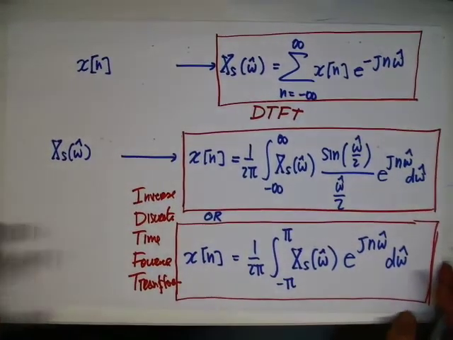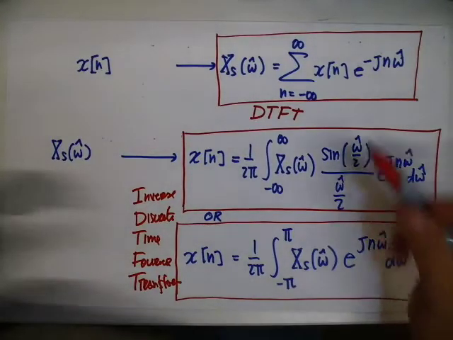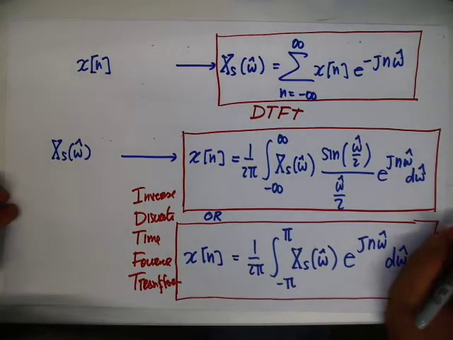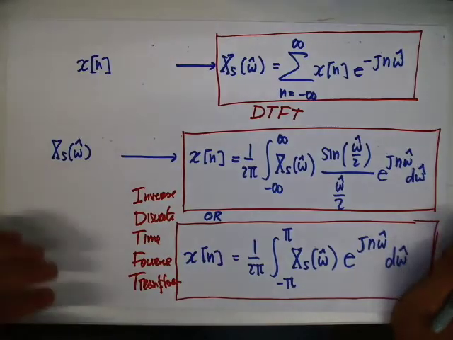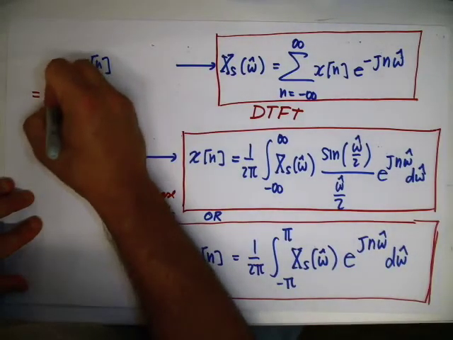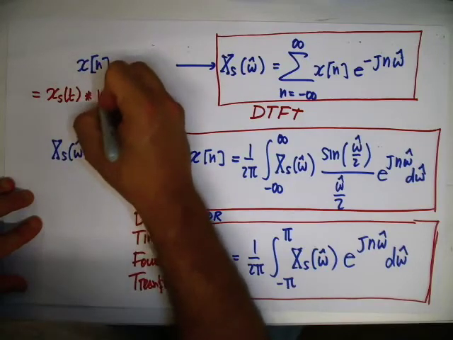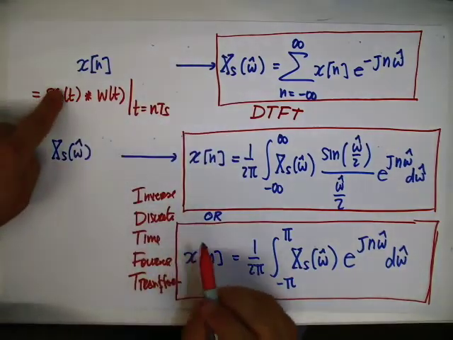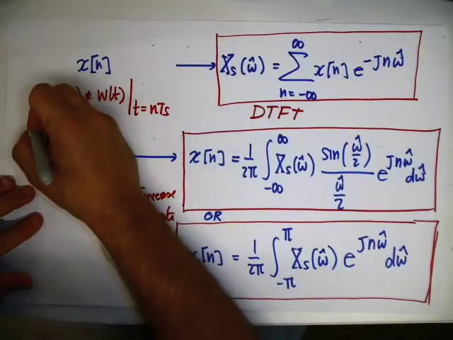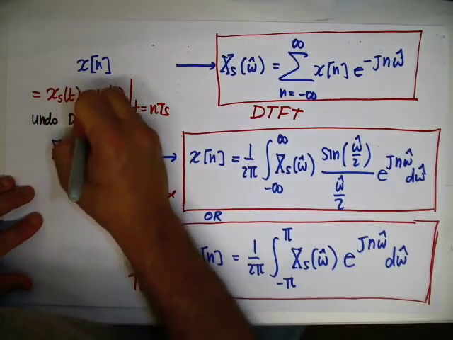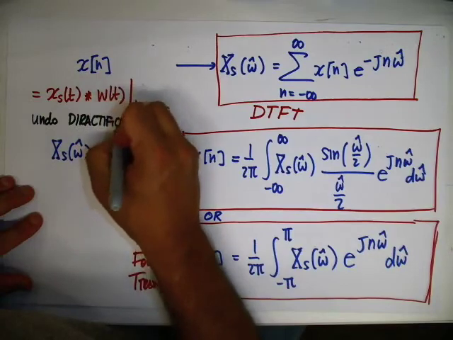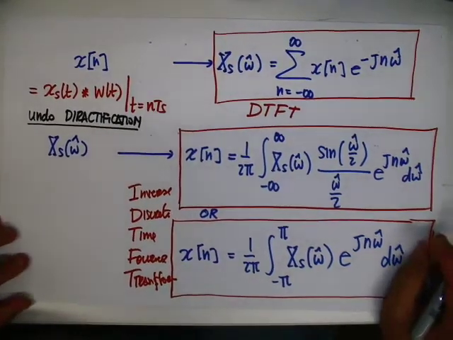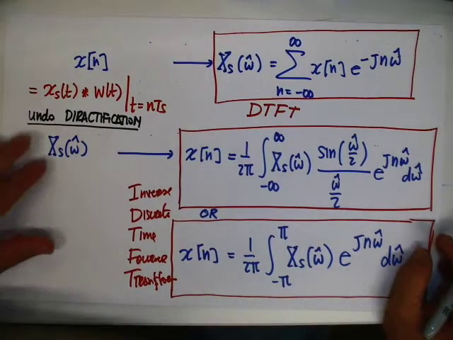But it's very important here to realize that in order to recover the discrete signal, we need to undo the Diractification, and we have done that by convolving the Diractified signal with a window, and then sampling this value at nTs. That was the key step, basically, undoing the Diractification.